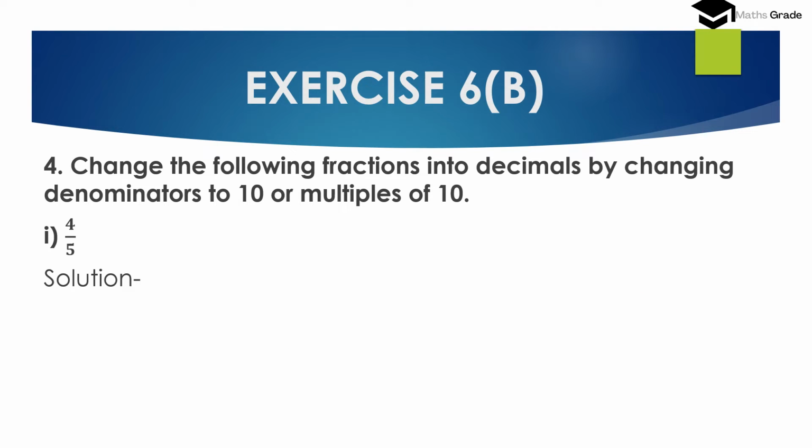Now question number 4. Change the following fractions into decimals by changing denominators to 10 or multiples of 10. First bit, 4 divided by 5. Here 4 is the numerator and 5 is the denominator. We have to convert these fractions into decimals by changing the denominator 5 to 10 or multiples of 10.